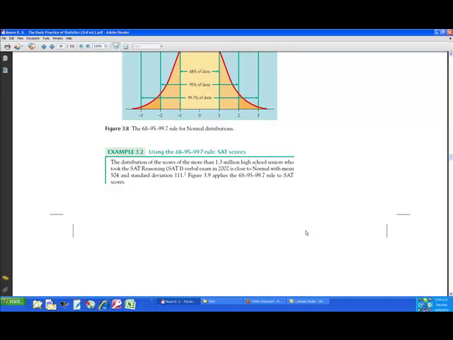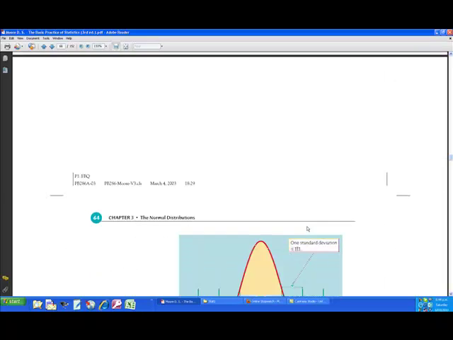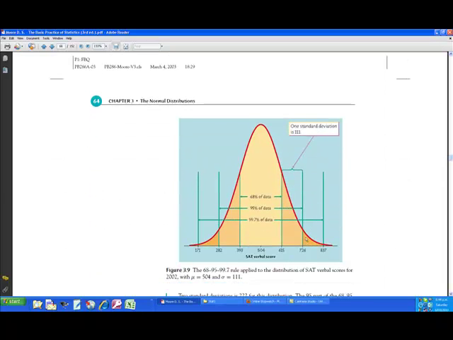And the mean for all of those students' scores is 504, and the standard deviation was 111. So let's look at figure 3.9. Supposedly this is an approximation of the actual histogram, and the average was 504, and the standard deviation was 111.